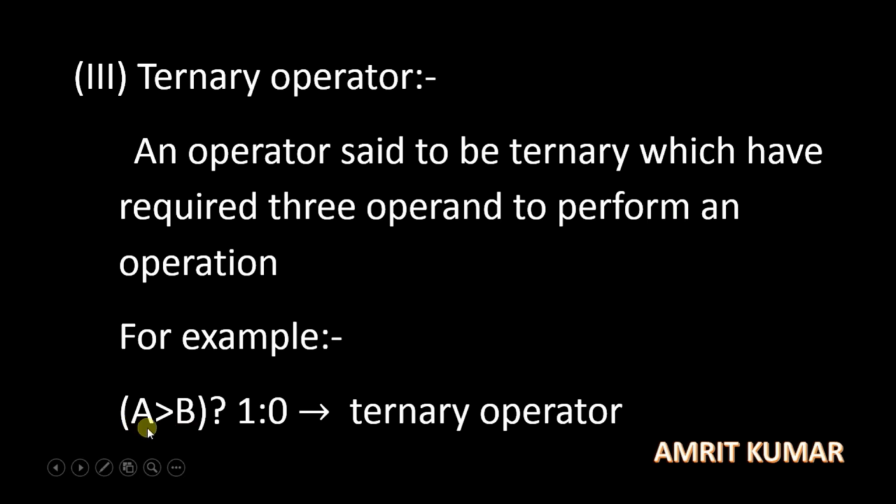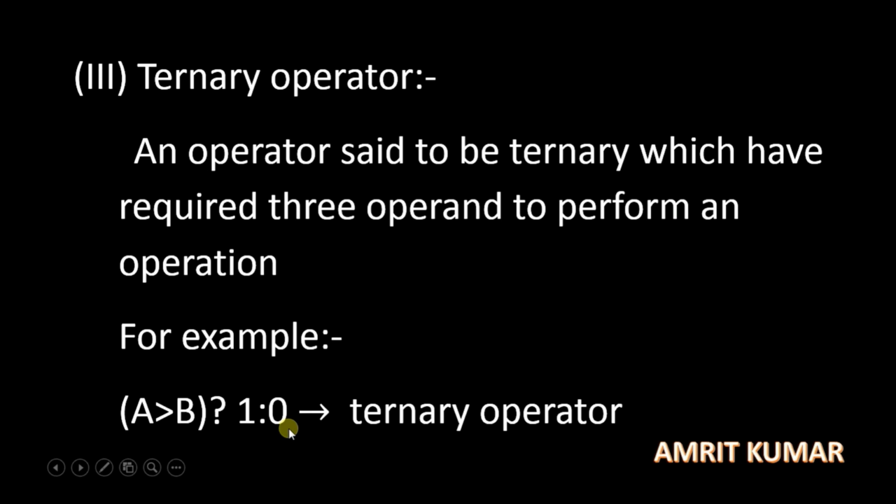Suppose A contains the value 10 and B contains the value 5, then this statement is going to be true. Therefore the output it produces will be 1, because the condition is true. And if A is not greater than B, then you will get 0.